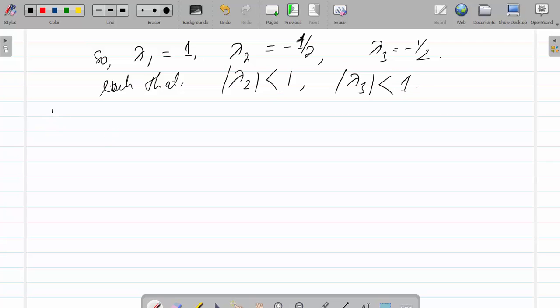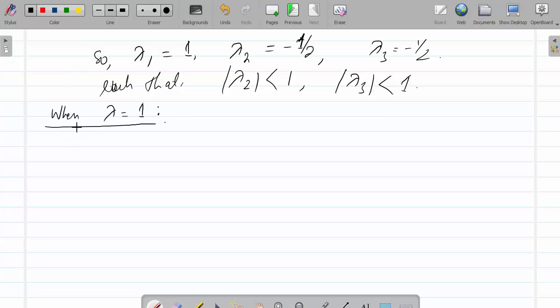So when λ equal to 1, we have to find out the left eigenvector as well as the right eigenvector corresponding to the characteristic root λ.